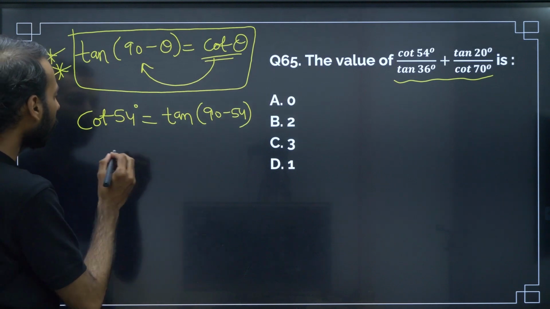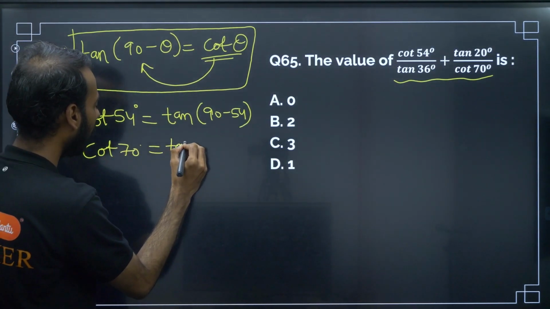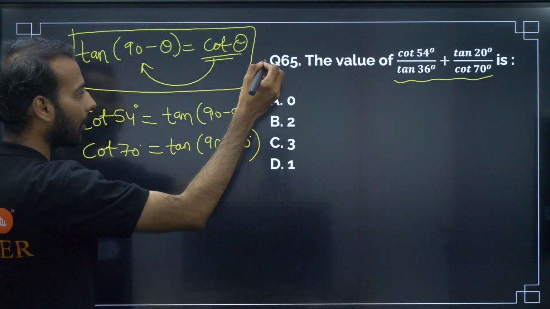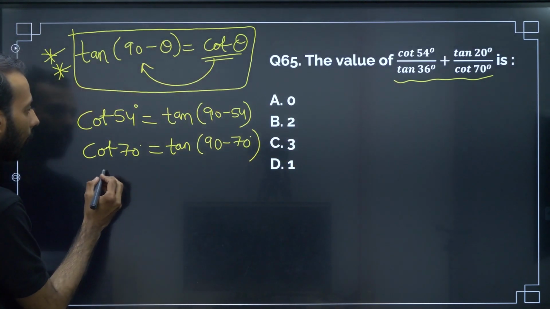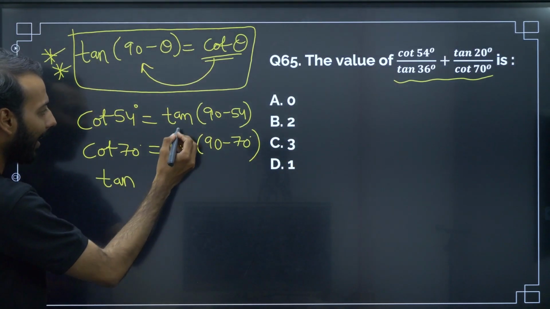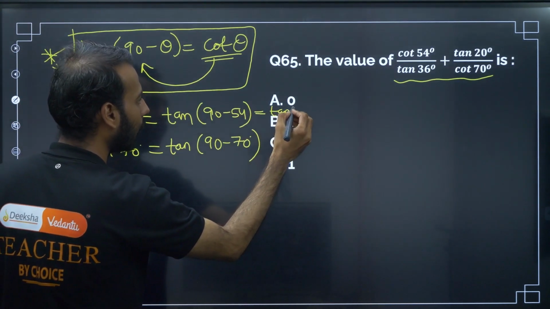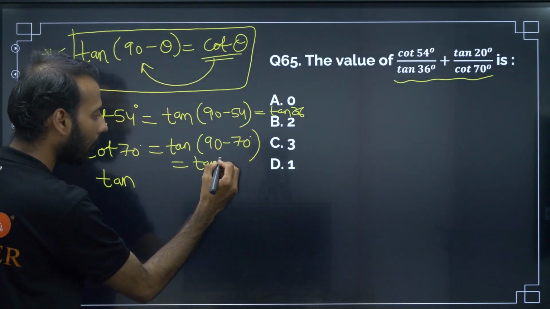Further, cot 70 can be written as tan of 90 minus 70. So in place of cot 54, I am going to write tan of 90 minus 54, which is tan 36, and tan of 90 minus 70 is tan 20.